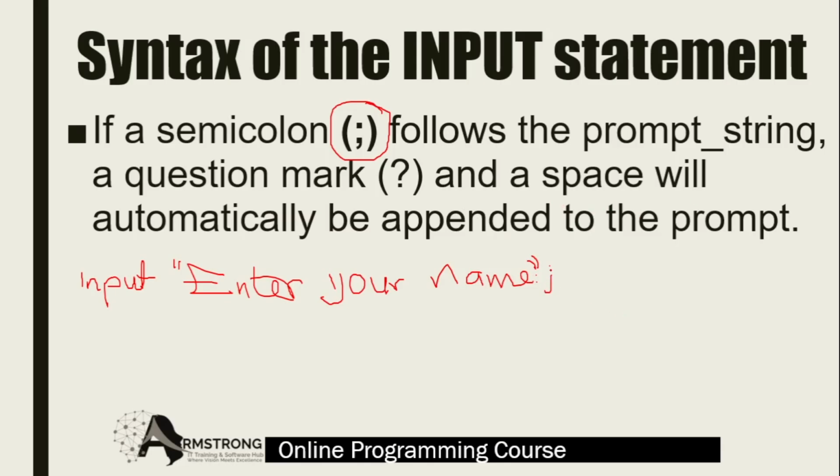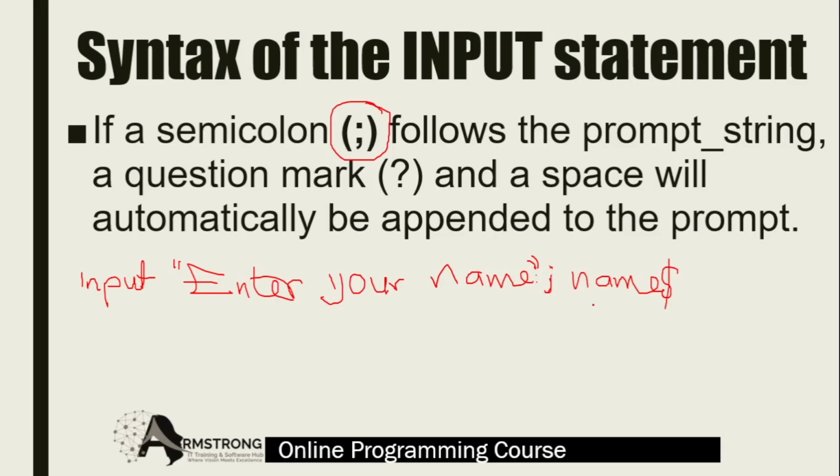So when we bring the semicolon, the program will automatically bring a space in between the prompt and the variable name, the input that the user will then provide. So that is the use of the semicolon.